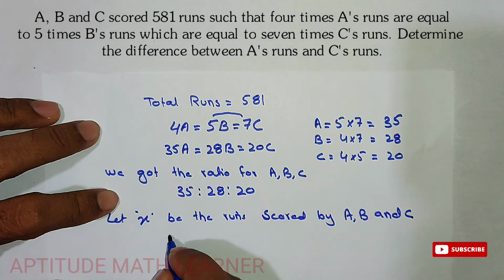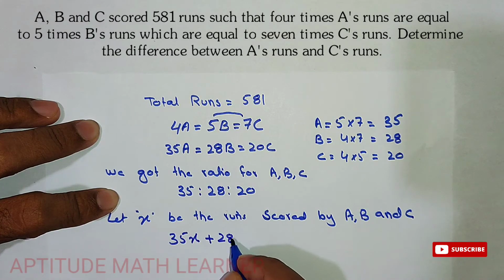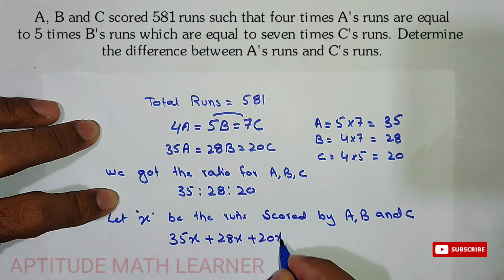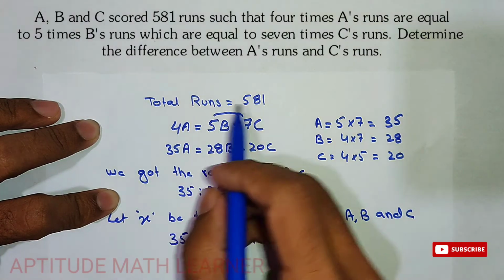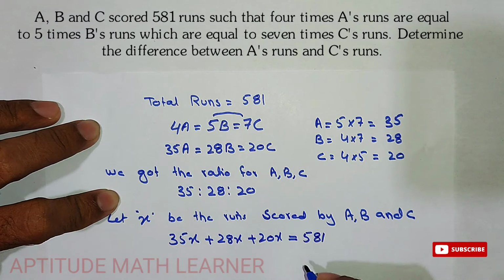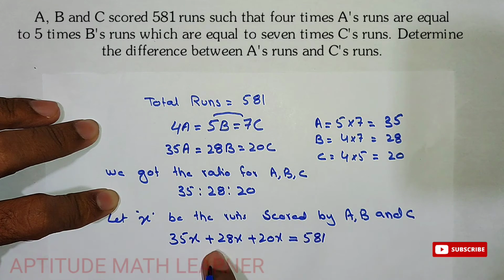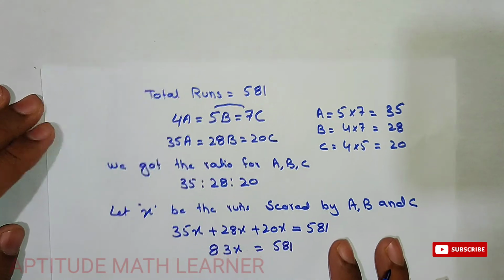So this becomes 35x plus 28x plus 20x is equal to the total runs scored by the three, that is 581. If we add all three, 35 plus 28 plus 20, we get 83x is equal to 581.